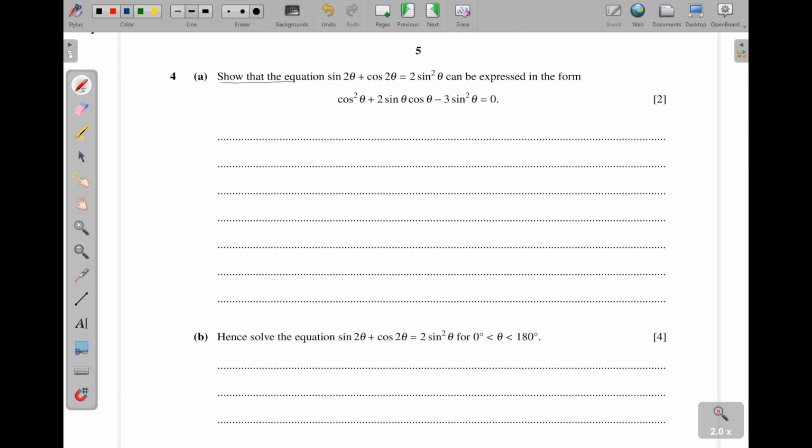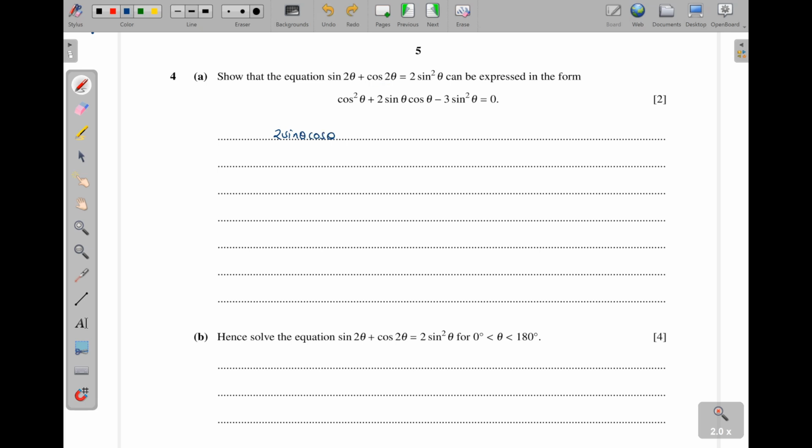Question 4 part A, show that the equation sin 2 theta plus cos 2 theta is equal to 2 sine squared theta can be expressed in this format here. Okay, now what I can do is, we are not seeing any double angles in here. So what is this one in double angles? It is 2 sine theta cos theta.